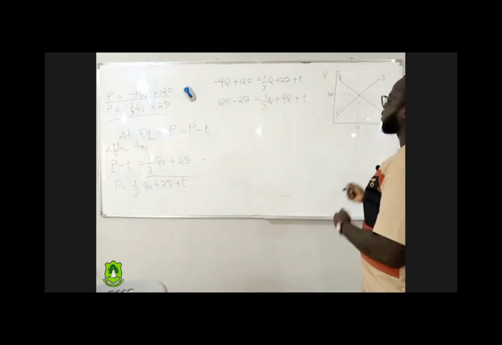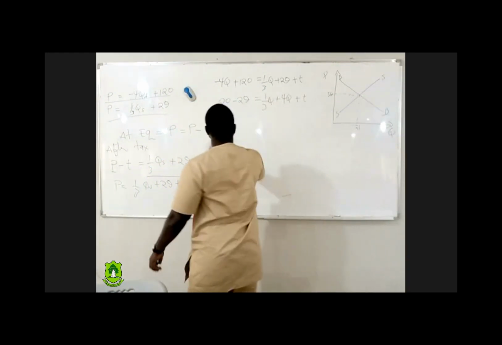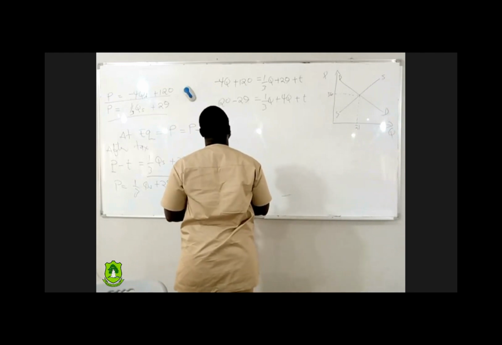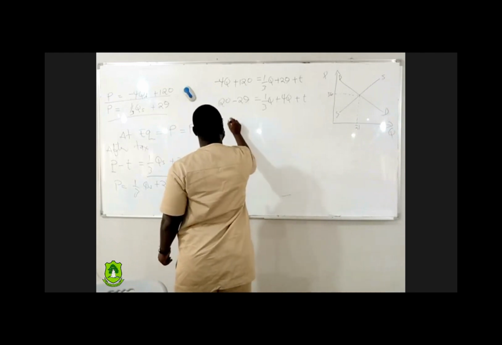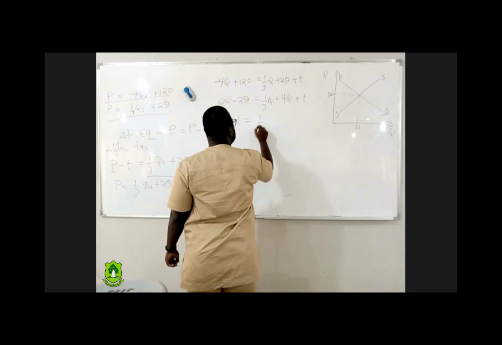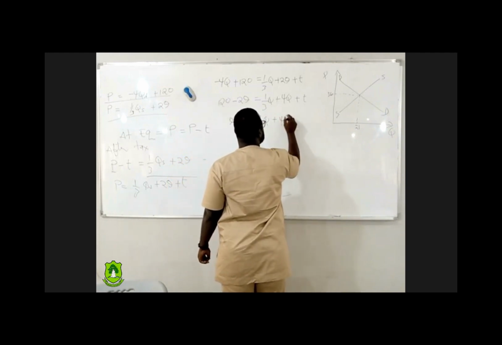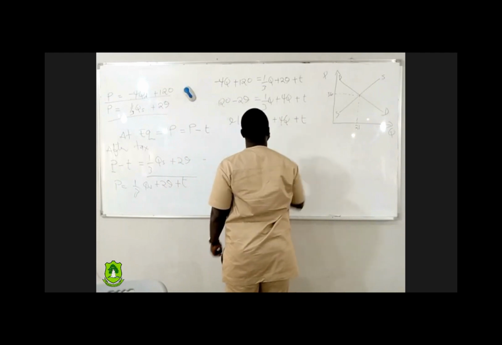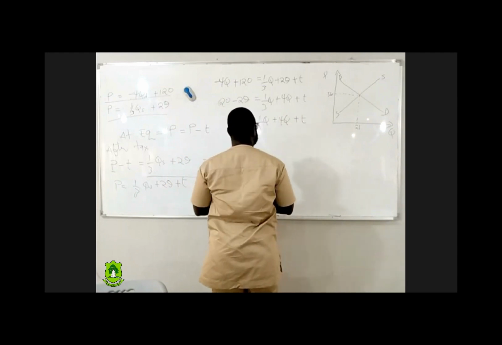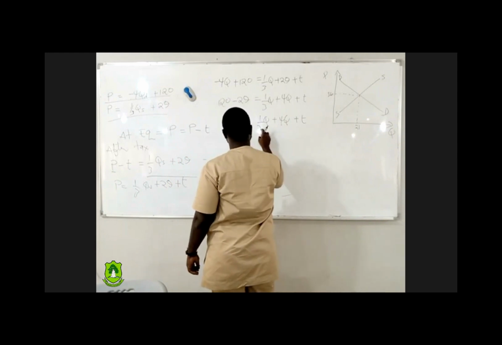This will give us one over 3 Q plus, so maybe let's multiply by 3 to do away with this fraction.